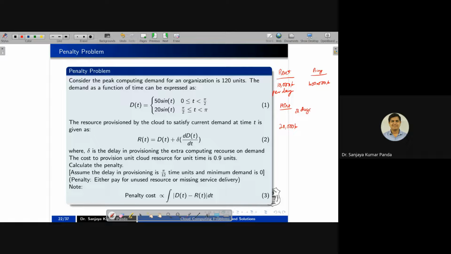But if you purchase a car, you have to spend 1 lakh rupees. So obviously, which one is economical? Renting a car is economical.